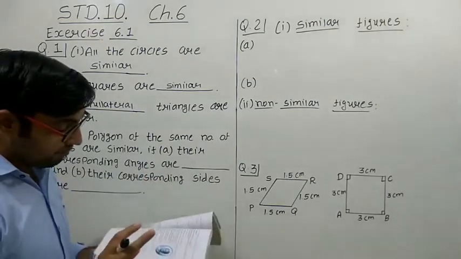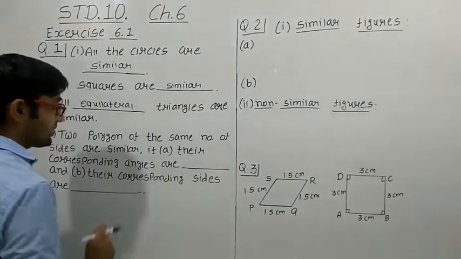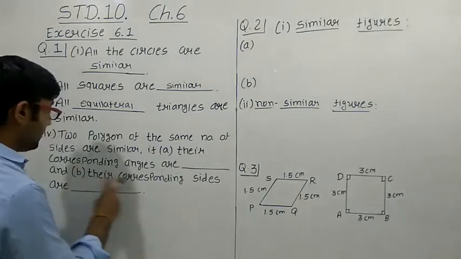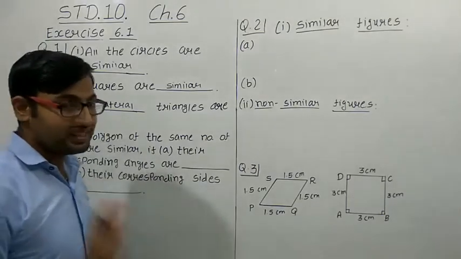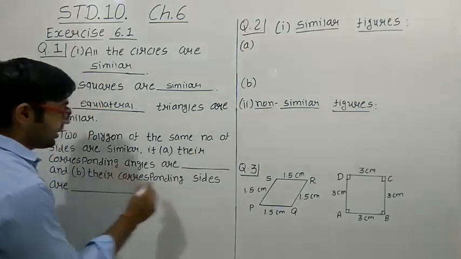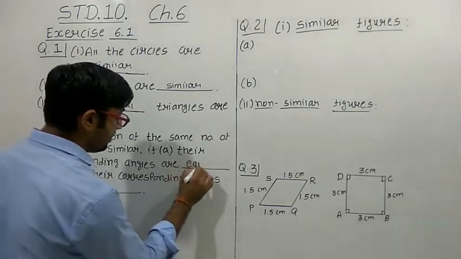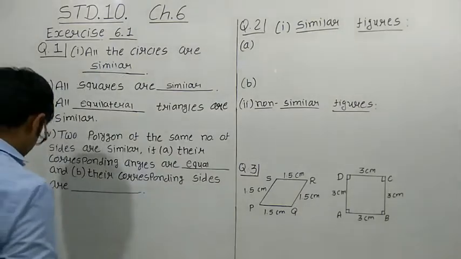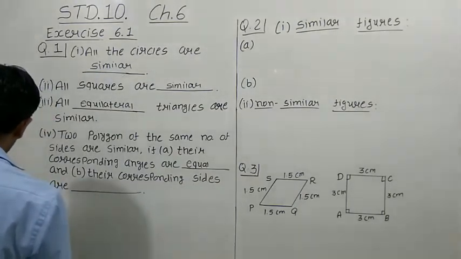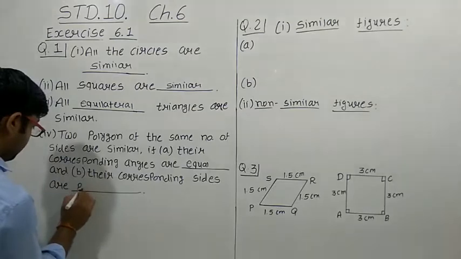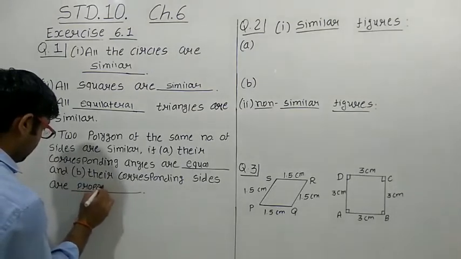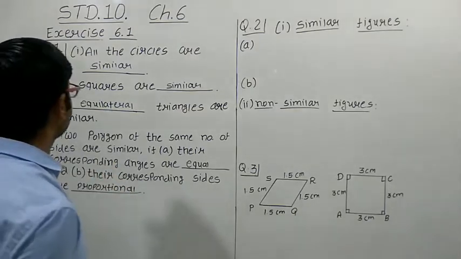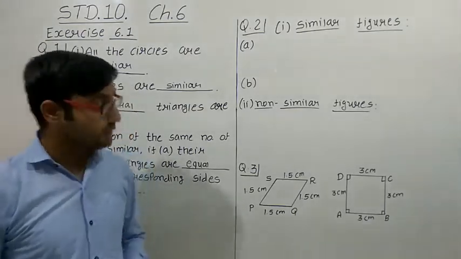Two options are given in the bracket, equal and proportional, and there are two blanks, so we put one option in each. Whenever two figures are similar, their corresponding angles are equal, and their corresponding sides are proportional. So this is question number 1, and here we have completed it.